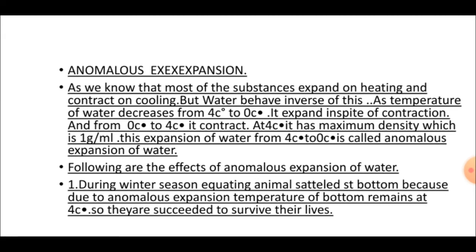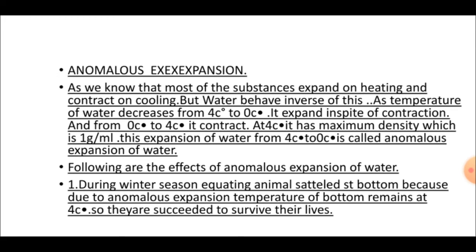What are the effects of anomalous expansion of water? During winter season, aquatic animals settle at the bottom of the oceans or lakes or ponds due to the anomalous expansion. Temperature of the bottom remains at 4 degrees centigrade.